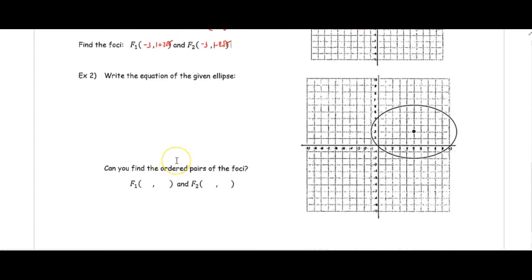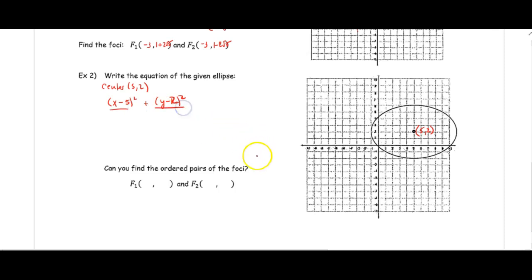How do we use this to write the equation of an ellipse? Well, the first thing we need is the center. That's the easy part. So here we have 5, 2 is our center. So we could right away start our equation. x minus 5 all squared plus y minus 2 all squared.